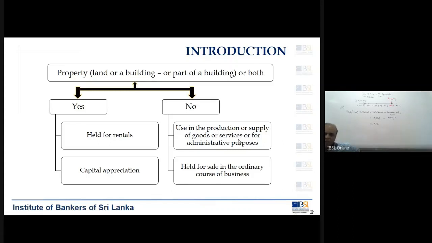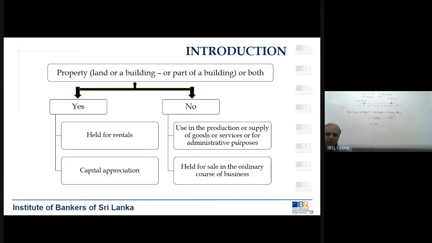As part of your business. Now, what we are going to look at here is where a property is being held for some other purpose. That is what is going to be considered as the investment property.